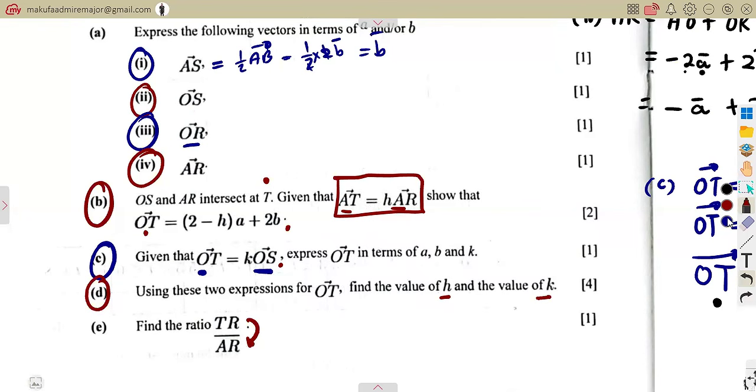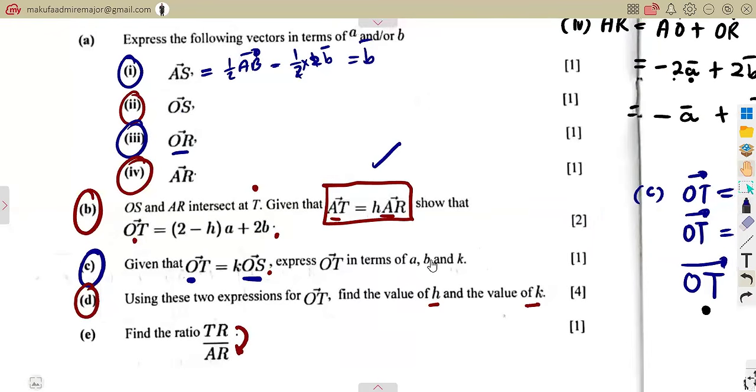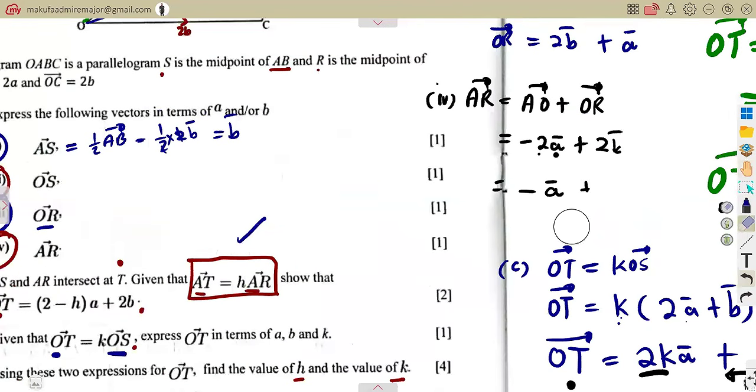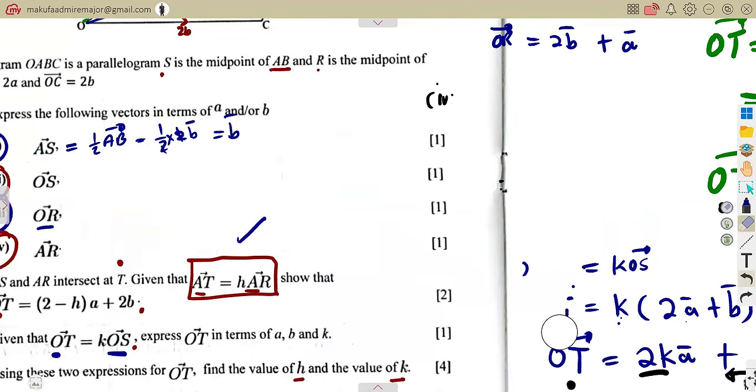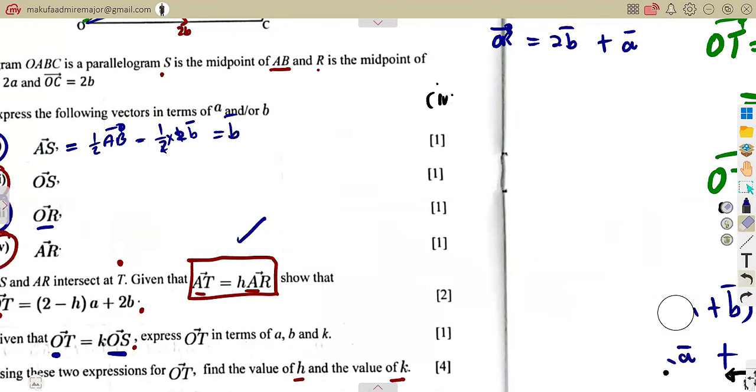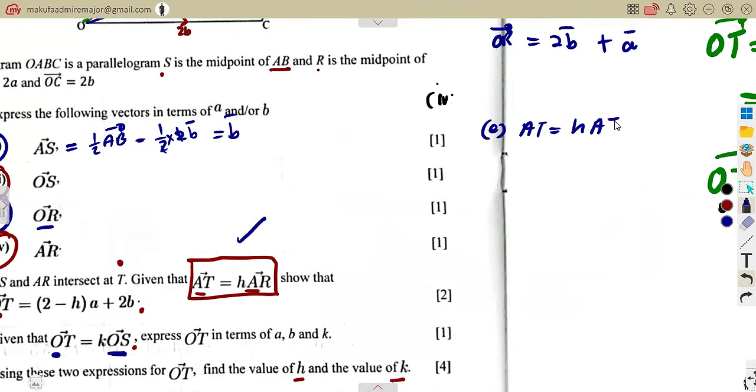If you take a closer look, there's something about AR here on statement B: AT is equal to hAR. This statement alone is enough for us to have the ratio we are being asked for, because we are given on this statement that AT is equal to hAR.